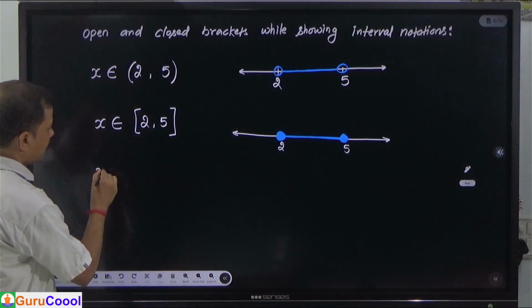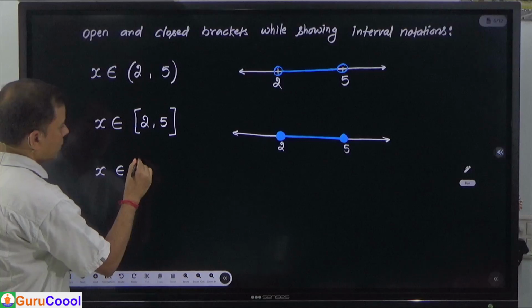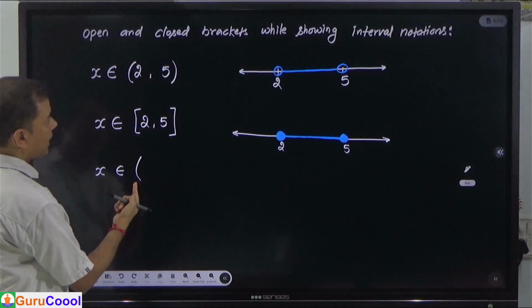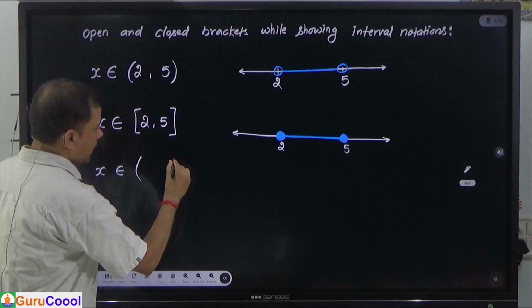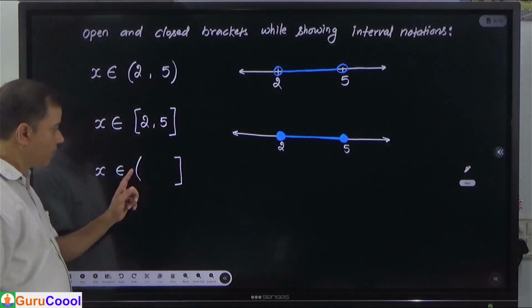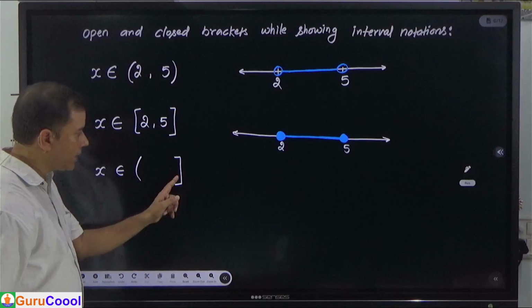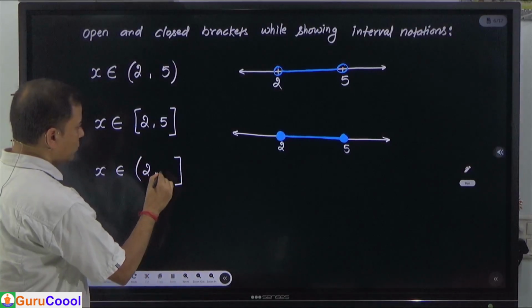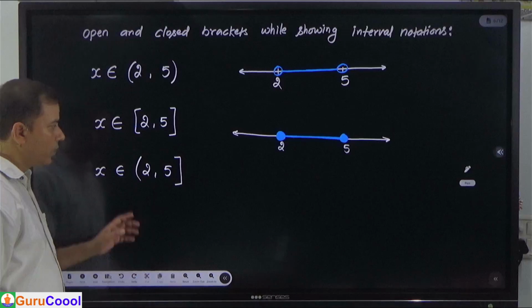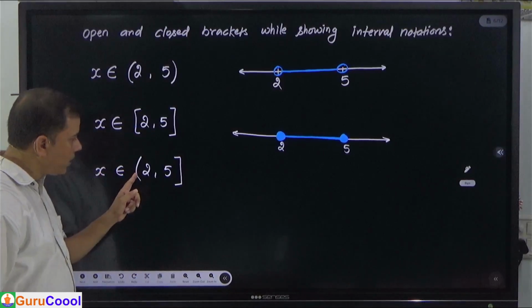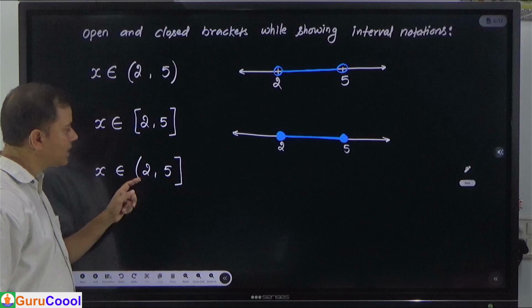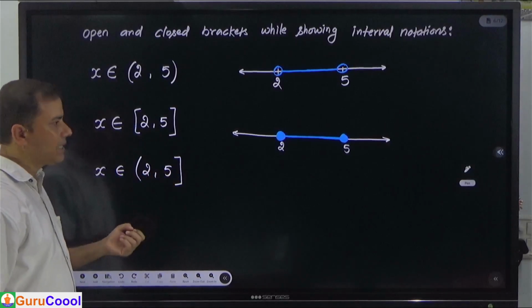Now if I write X belongs to open bracket, on the right side closed bracket, left side open, right side closed, 2, comma 5. What is the meaning? X is not equal to 2. Open means not equal to, closed means equal to.